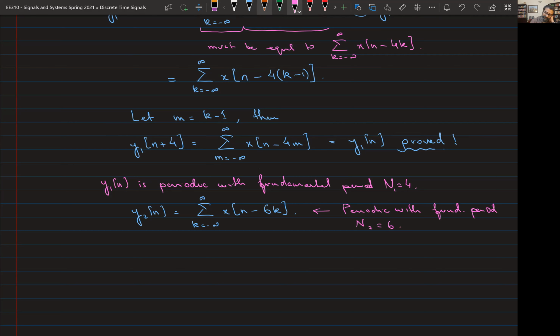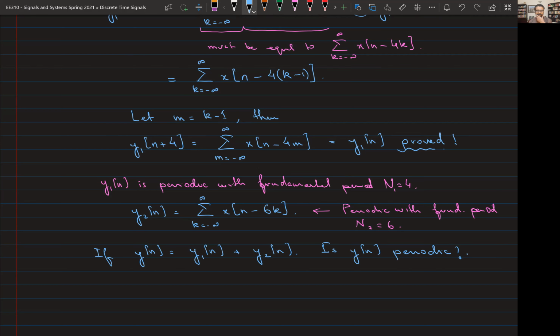Now here's the question for you. If y of n equals y1 of n plus y2 of n, is y of n periodic? And if it is periodic, determine the fundamental period.